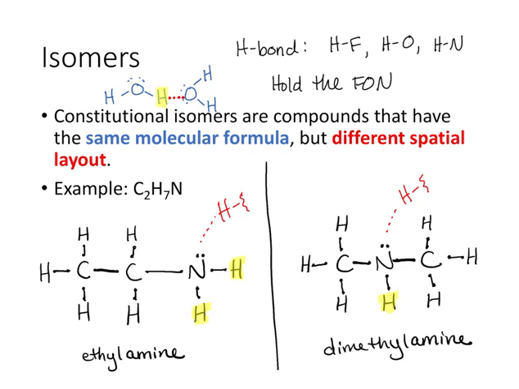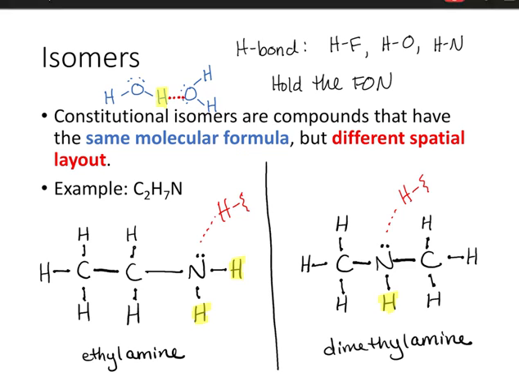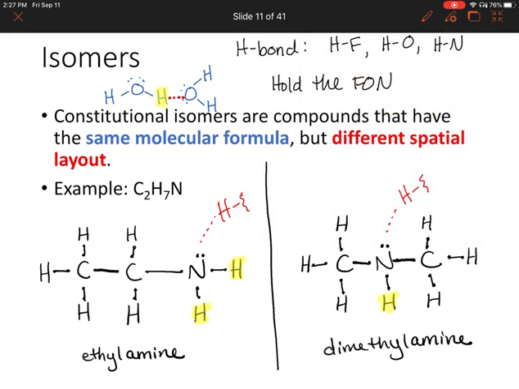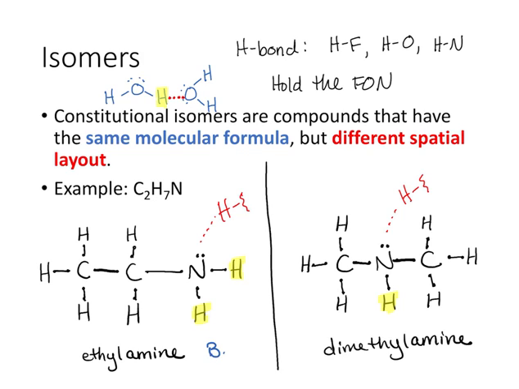If we have more opportunities for hydrogen bonds to form, it's going to take more energy to break those apart, right? So we would expect ethylamine to have a larger boiling point because there are 3 potential opportunities for hydrogen bonds to occur. Okay, if we actually look up the boiling point for ethylamine, it is about 20 degrees Celsius.